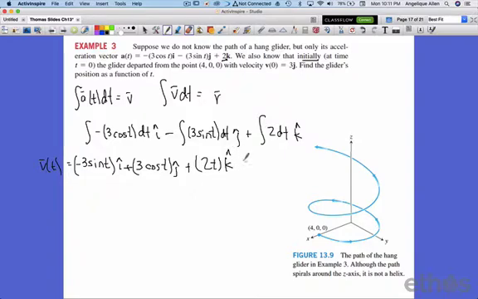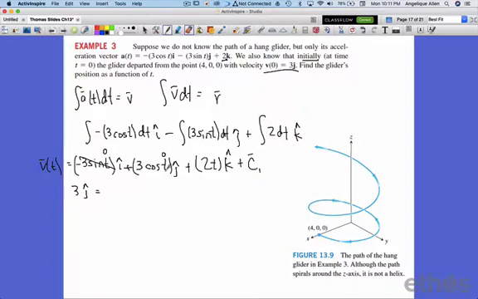Now, we do have to put, because this is an indefinite integral, some unknown constant vector that we don't know what it is. But we've been told that the velocity at time 0 is 3j. So if we substitute in 0 for t, we should get 3j. So putting in 0 for t here, sine of 0 is 0, so the i component is gone.